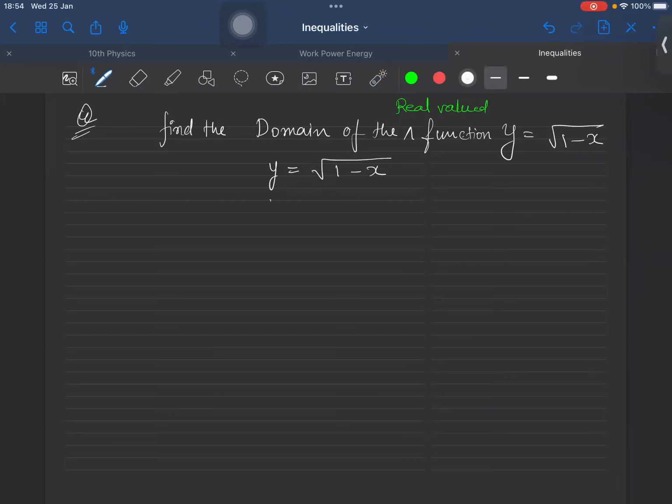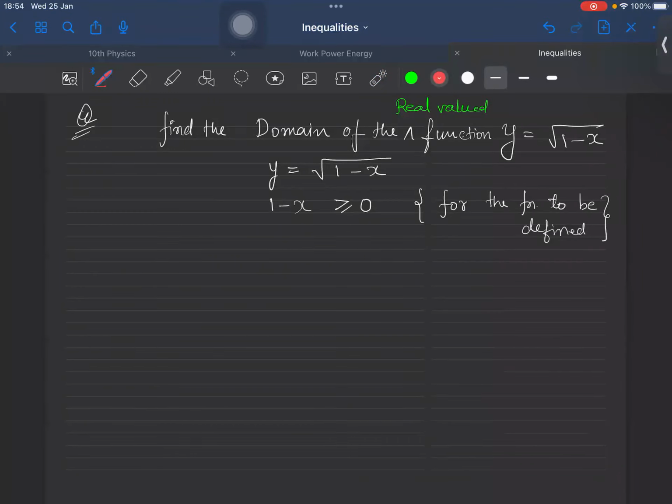So 1 minus x must be greater than or equal to 0, then only the function is defined. Otherwise, the function will be imaginary.